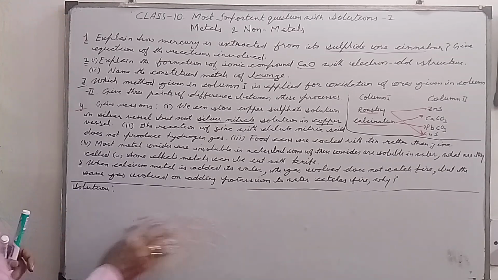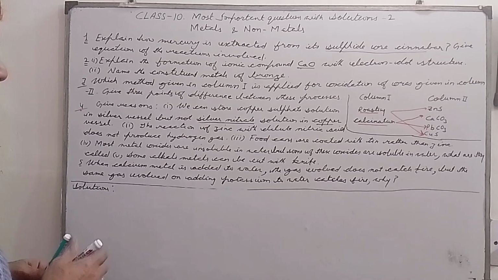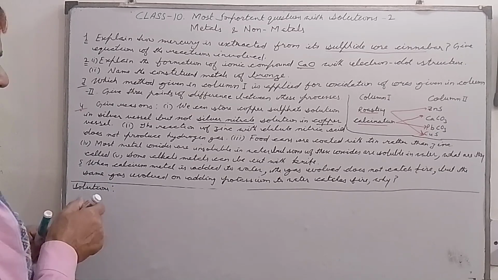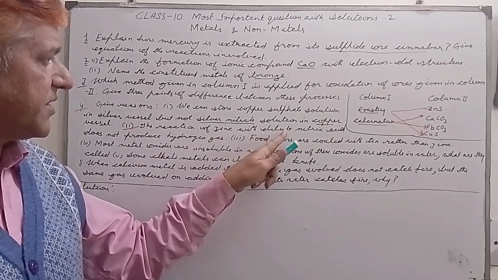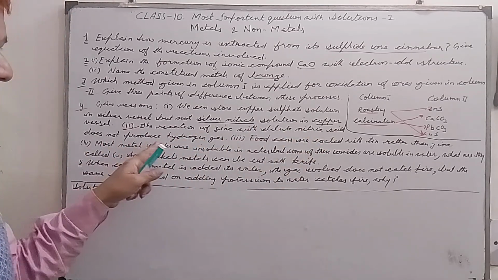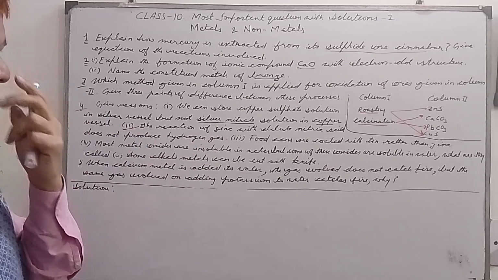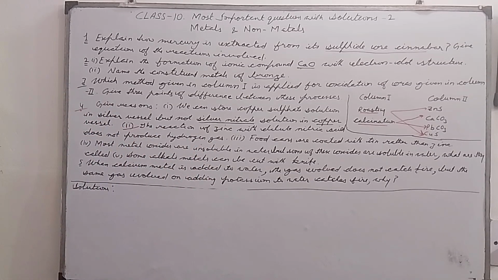Now the second part is: state the reason why the reaction of zinc with dilute nitric acid does not produce hydrogen gas. This is the question. So we have to give the reason.